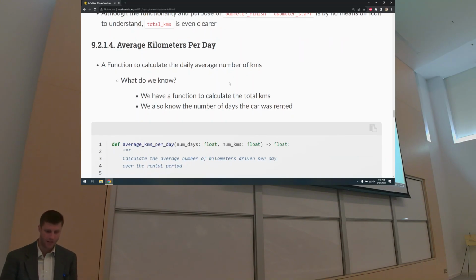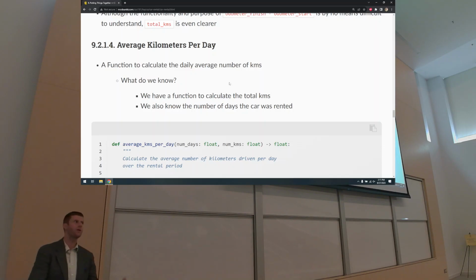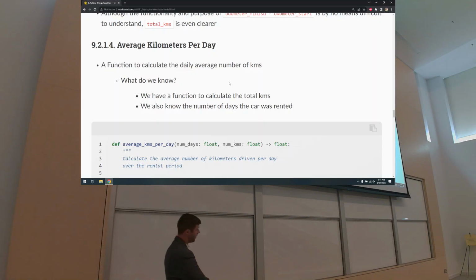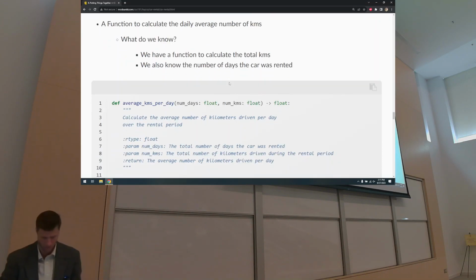Average kilometers a day. Well, in order to do this, I would need to know, well, how many kilometers did they drive and how many days were there, and then I could just do the average, total kilometers divided by the number of days. I can write another really simple function to do this calculation.